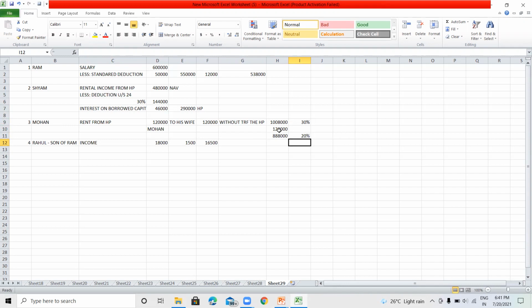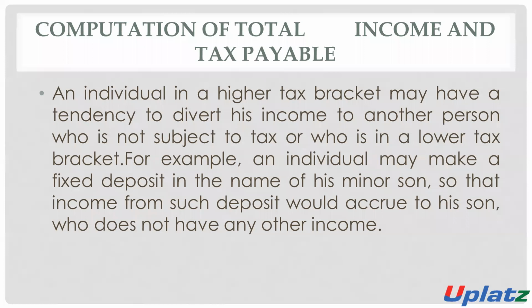So to save the tax, he will divert his income to another person so that he is required to make the payment of tax at a lower rate. An individual who has a higher income wants to divert his income to another person so that they will pay tax at the lower rate.